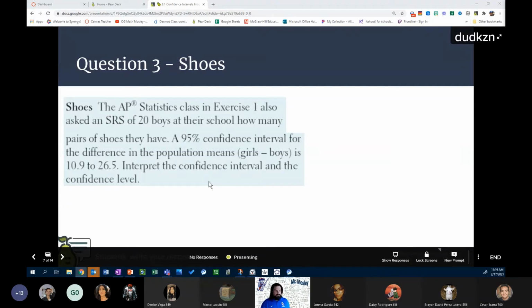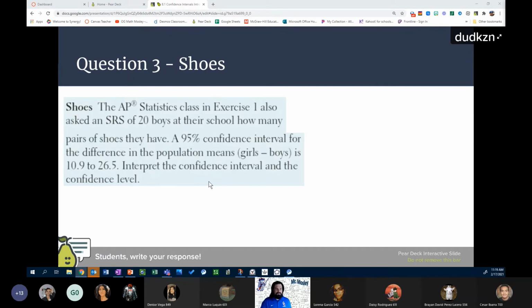Interpret the confidence interval and the confidence level. This is very similar to the first example we saw today about the fat and the hot dogs. You're going to have two statements, one about the confidence interval and one about the confidence level. And again, you might want to look back at your notes at the verbiage that should be used in each of those.